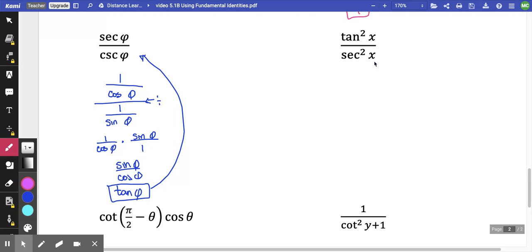Either one of those would be a good place to start. So I think I'm going to do this one with the Pythagorean identities. Now, fractions are easier to work with if the denominator is composed of a single term, so no pluses or minuses. So I'm going to leave the denominator alone on this one.